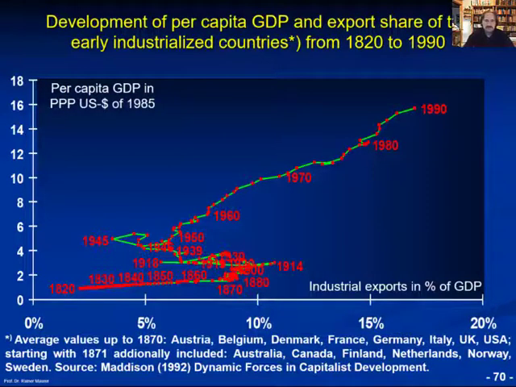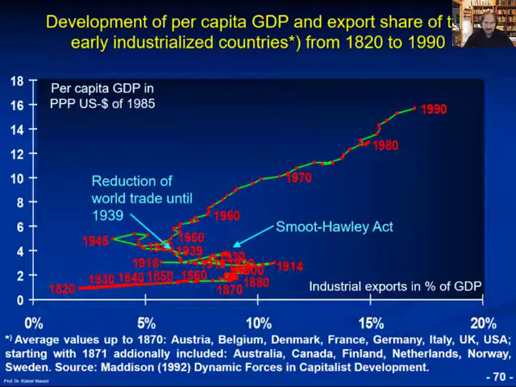As you can clearly see, the export quota had decreased significantly from 1930, when the Smoot-Hawley Act was passed in the USA, to the year 1939, when the Second World War began.